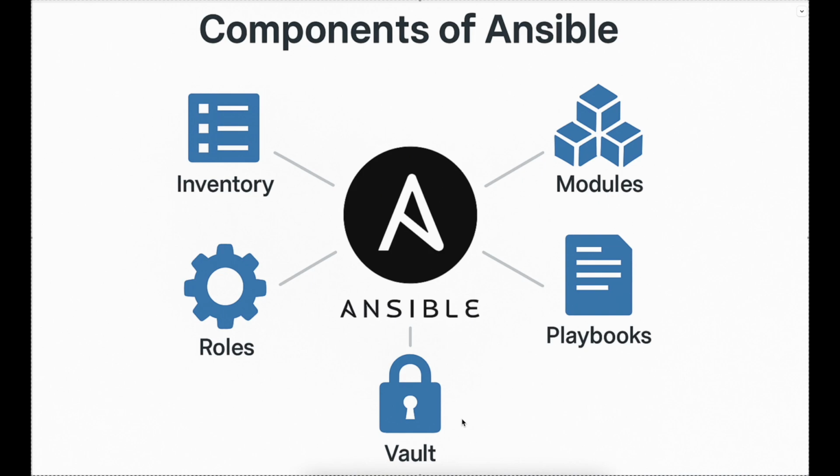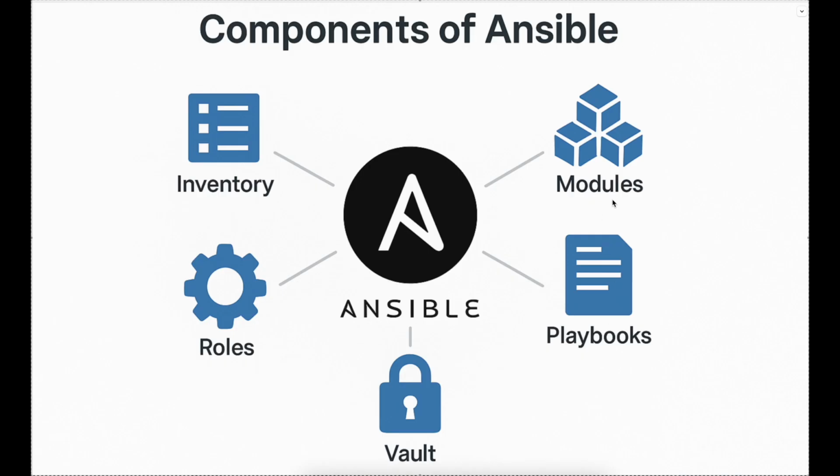Let's take a simple example. Imagine setting up a web server. Your inventory lists all the machines. Your playbook defines what needs to be done, like install Nginx, copy the config, restart the service.